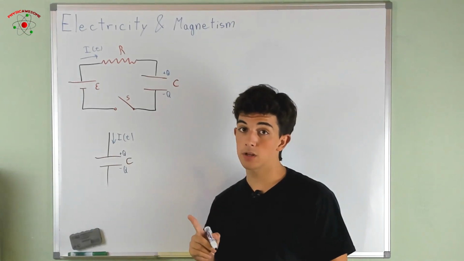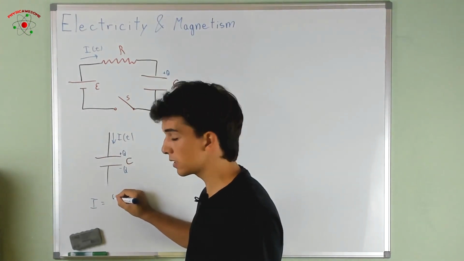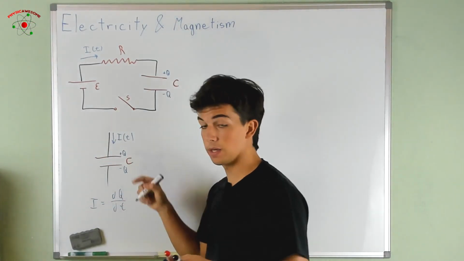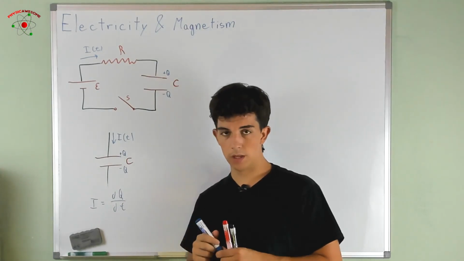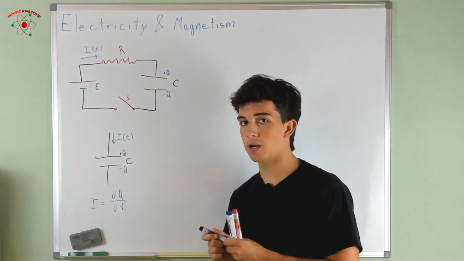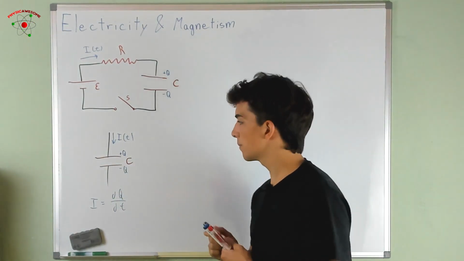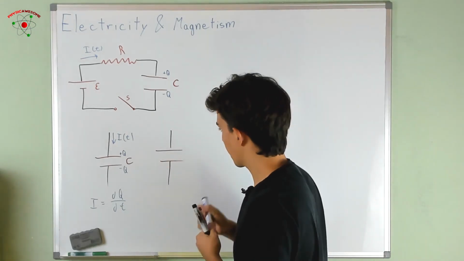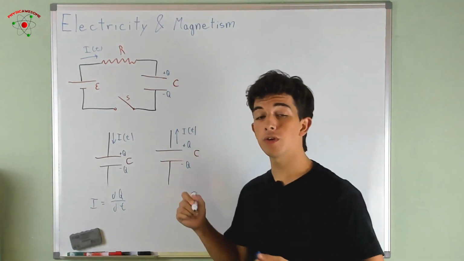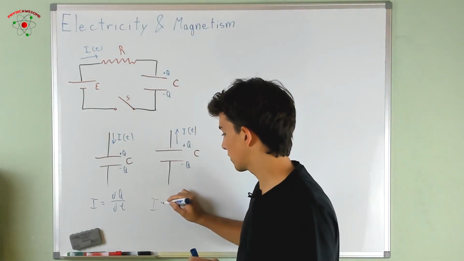Then by conservation of charge, we're going to have that I equals dQ/dt, Q being the charge of the capacitor. However, if the current points outside of the capacitor, outside of the positive part, we are going to have that the current equals minus the change in the charge.